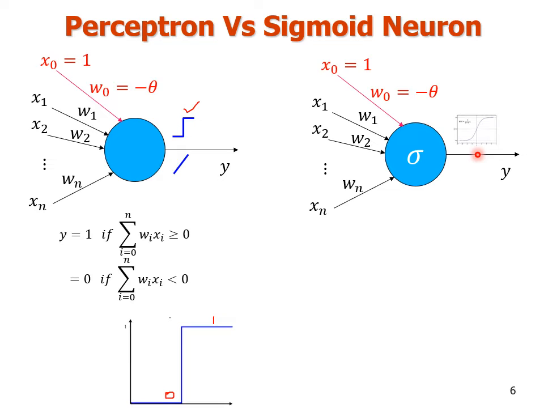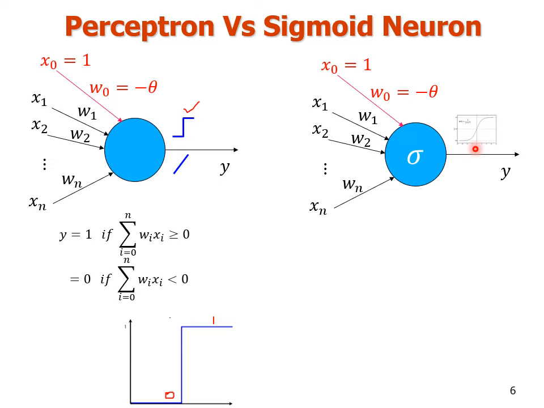Thus, in case of sigmoid unit, the threshold output is a continuous function of its input and not a discrete step function. If you remember, we have learned this sigmoid function or logistic function whenever we learned logistic regression.